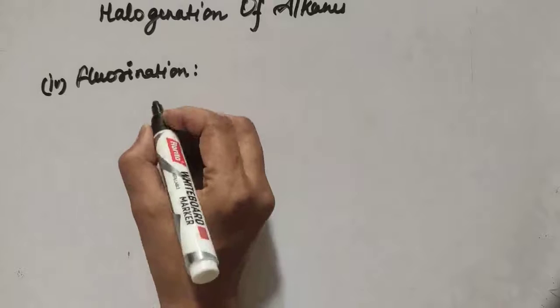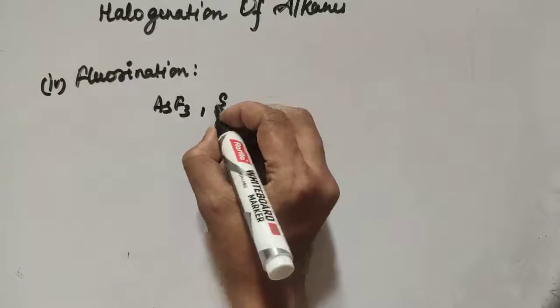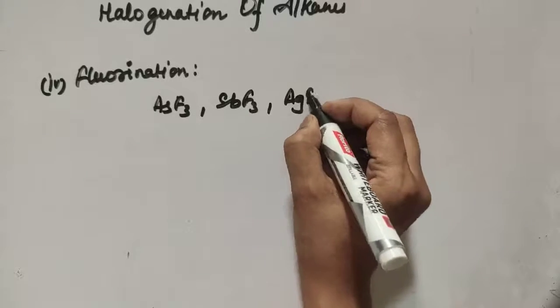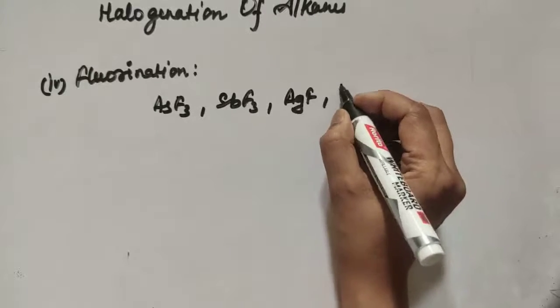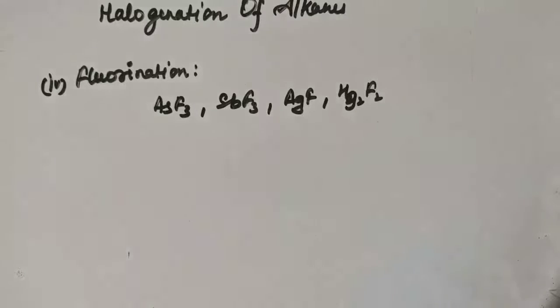We can use AsF3, SbF3, AgF, or Hg2F2. We can make these inorganic fluorides react with chloroalkanes and get alkyl fluorides.